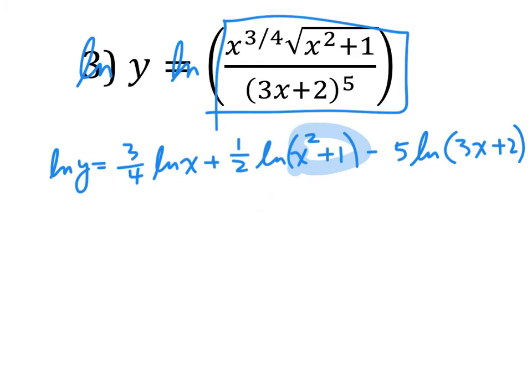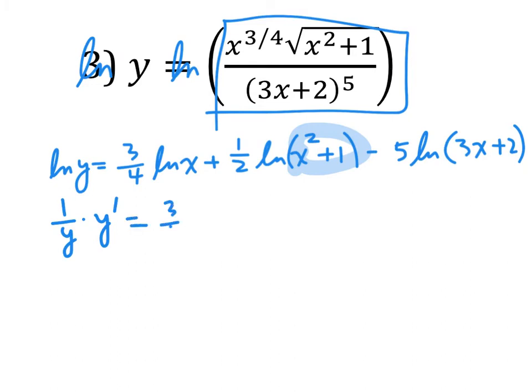All right, so now we need to take the derivative of both sides. So the derivative of natural log y is 1 over y. And chain rule, so there is a y prime, remember the implicit differentiation. And then on the right-hand side, just take the derivative.